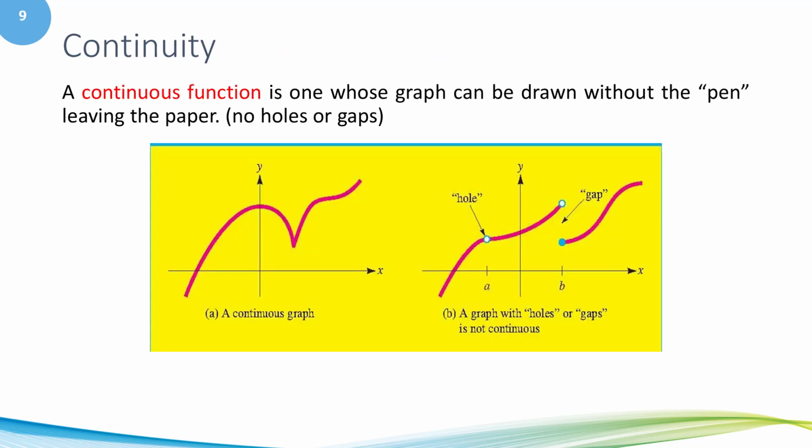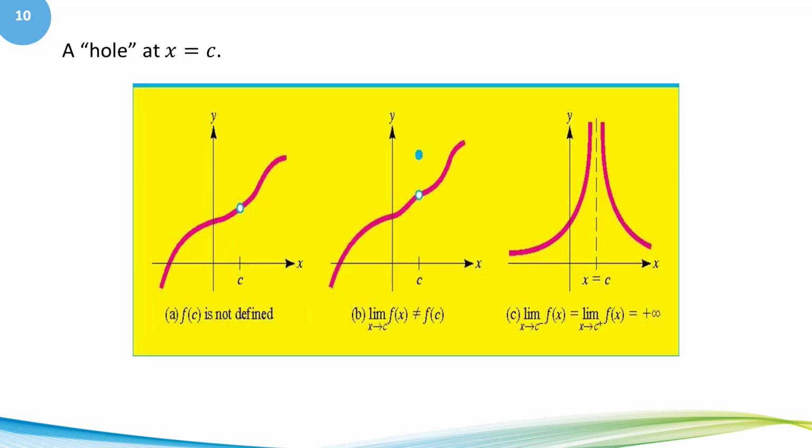Let's move on to the next topic of this video, which is continuity. A continuous function is a function whose graph can be drawn without the pen leaving the paper. This is an intuitive definition of a continuous function. We will define it more mathematically in the next few slides. But first, we will look at the different kinds of holes at x equals c.